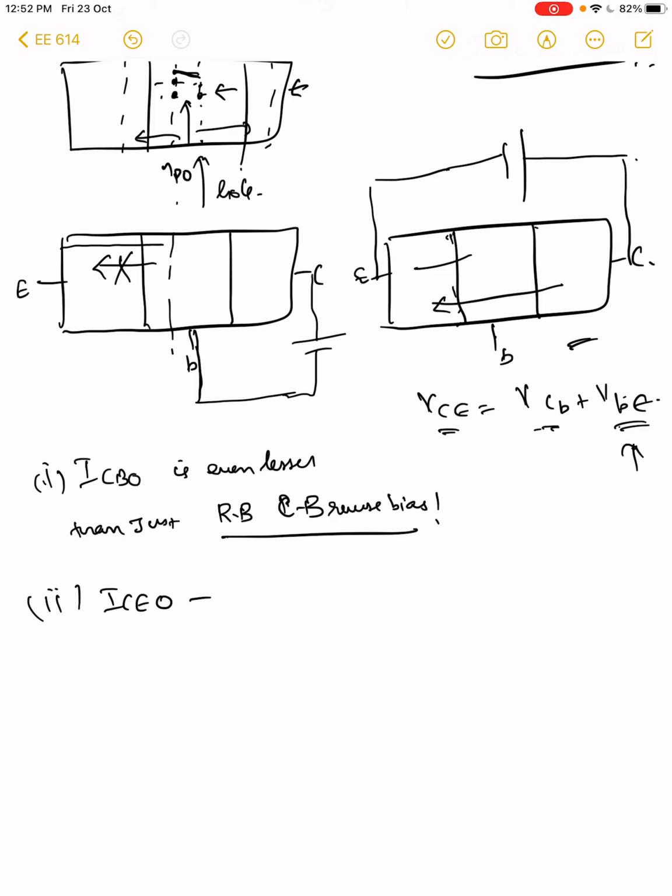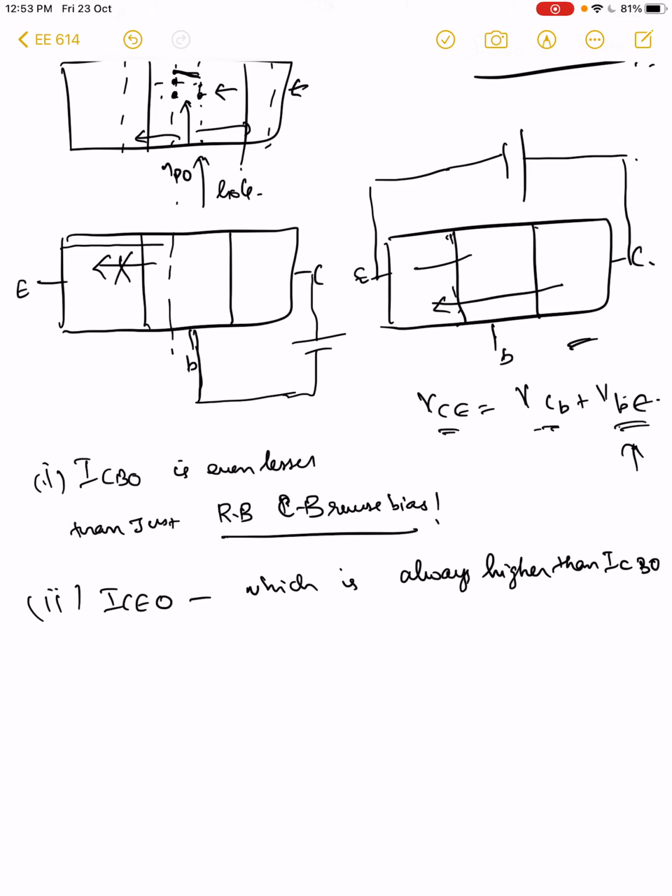So you have an ICEO which is always higher than ICBO, and we can compare this with the previous relationship that we derived.